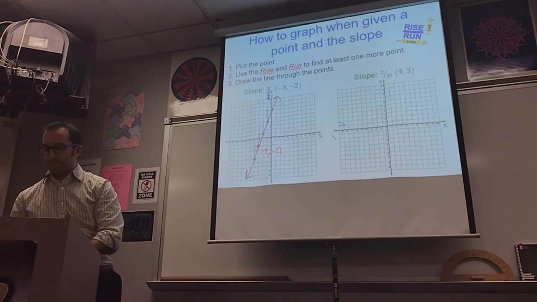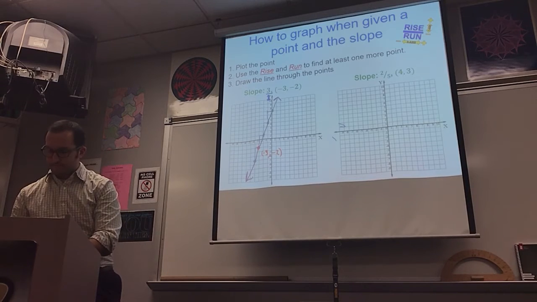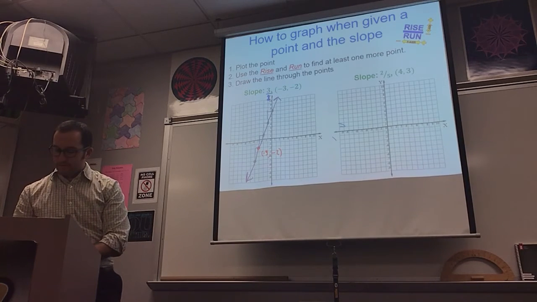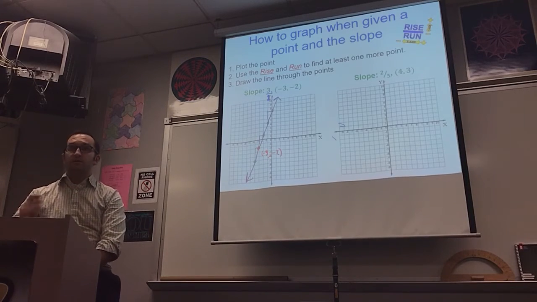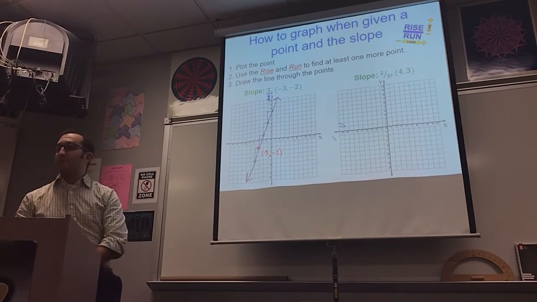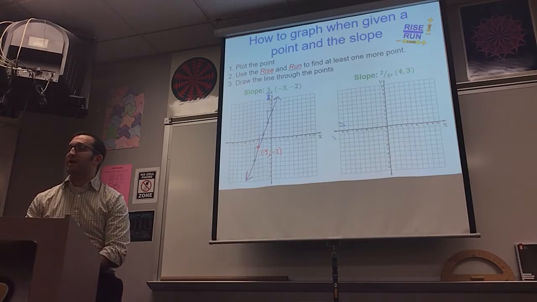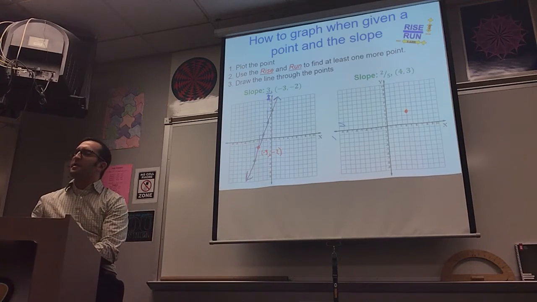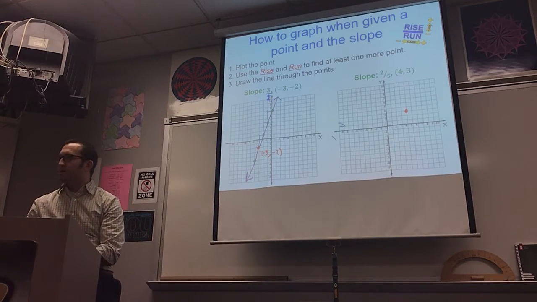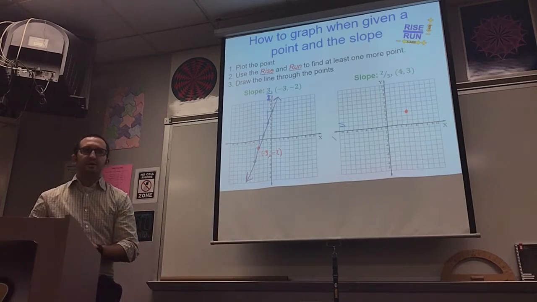Let's do our next one. Let's plot our point. What is our point? 4, 3. So graph your point and check it with your partner. I'll be honest with you, that's where most people mess up. They confuse the coordinate point with the slope. Guys, here's the problem.